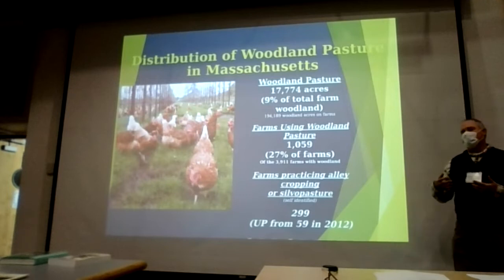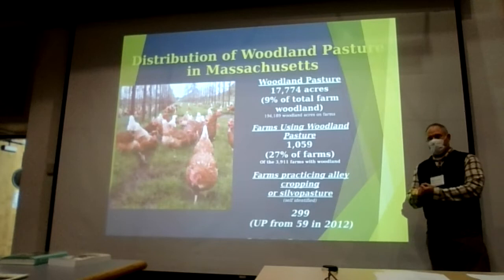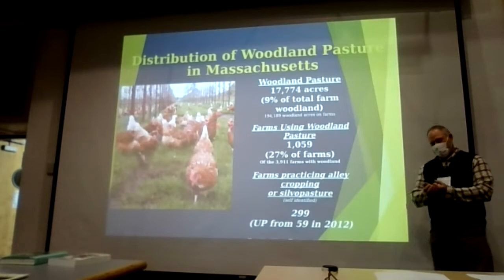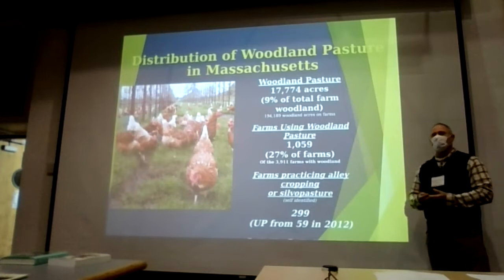So unmanaged woodland grazing, not only are we not really doing well by the animal, we surely aren't doing well by the forest, because we're creating, in many cases, root damage, tree damage, and inherently creating issues with overall forest health.